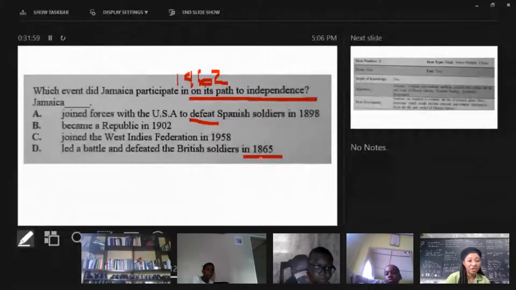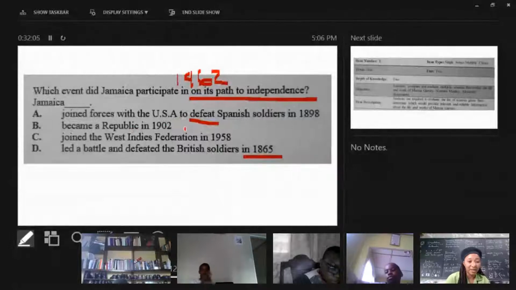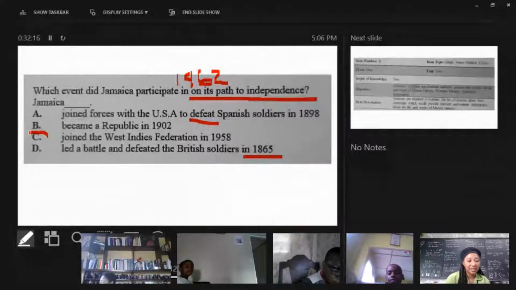Jamaica is not a republic, so it would probably be C, joined the West Indies Federation. That is correct.